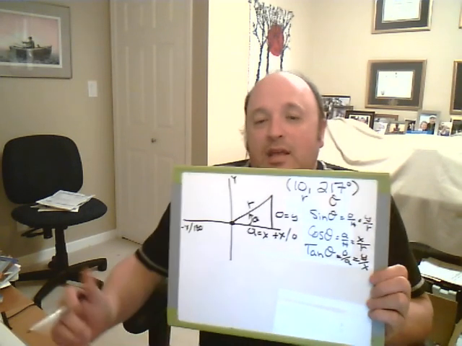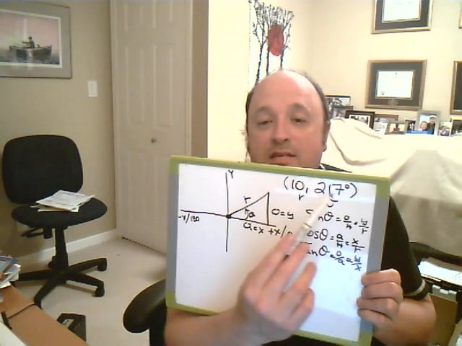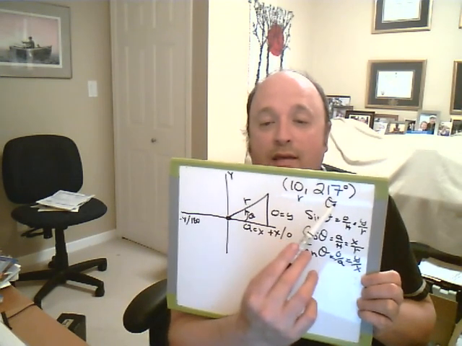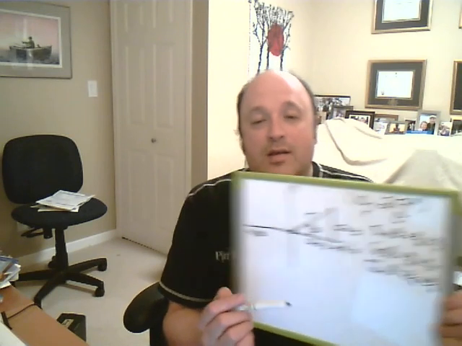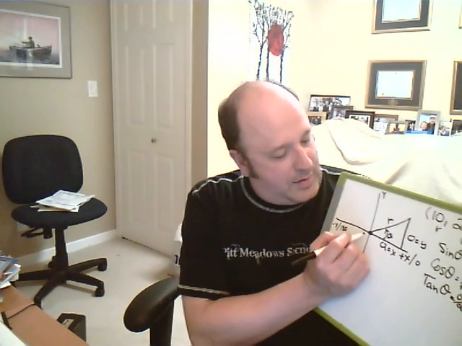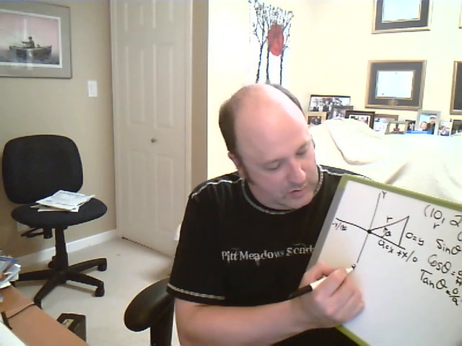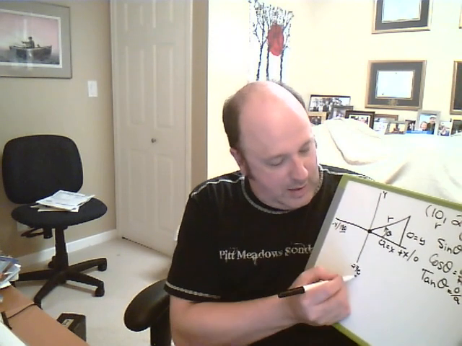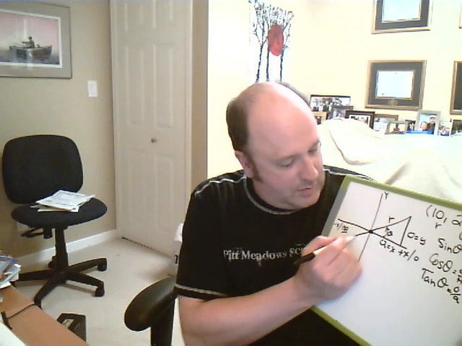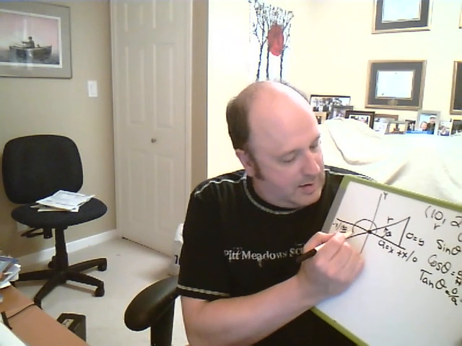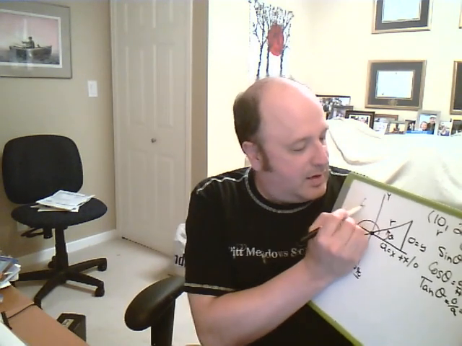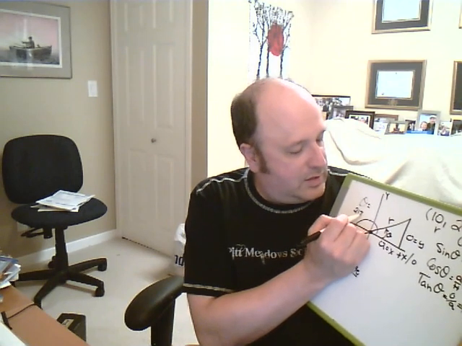So if I wanted to find the xy coordinate system for this, well, I could think about what that means, right? So I've got a radius of 10 and 217. So 217 is between 180 and 270. My arm is going to be in here somewhere, and that's my theta of 217.